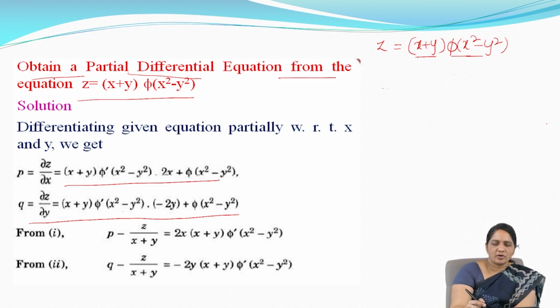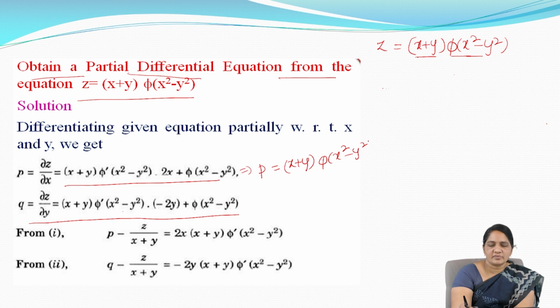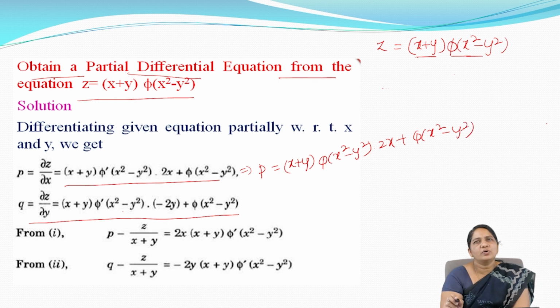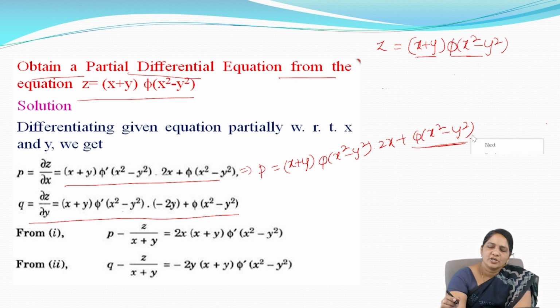So here I got this equation, I am writing this one as p equal to (x+y) into φ'(x²−y²) into 2x plus φ(x²−y²). So here I want to replace the value of φ(x²−y²). Where can I get this value?